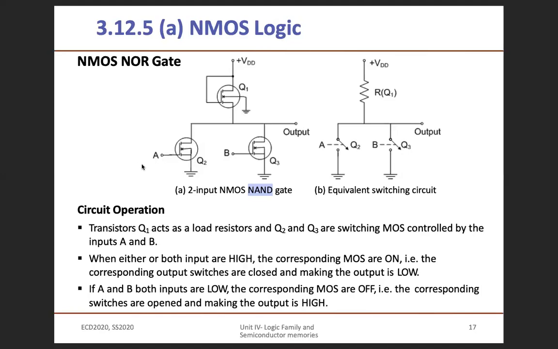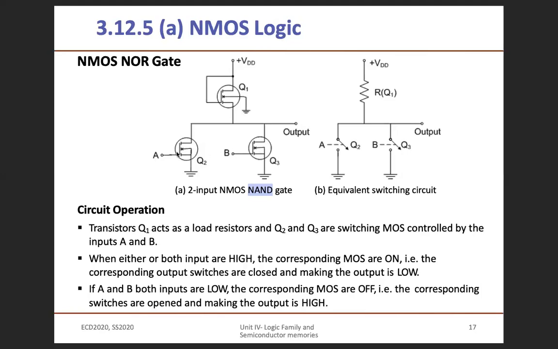Now let's see whether, when we give A equal to high, the output is high or low. We are giving A equal to high, that is VDD. That means transistor Q2 will turn on, so this is a short circuit. And when we give B equal to 0, that is an open circuit. Your output is connected to ground through this one, so you have output equal to 0.